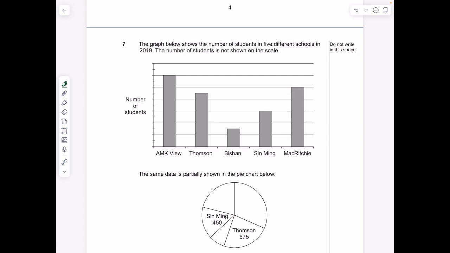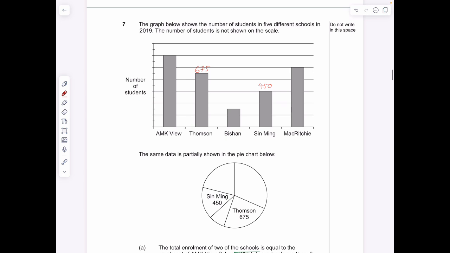So over here, we know that Simin is actually 450 and Thompson is 675. Over here, we can then figure out all the different intervals.